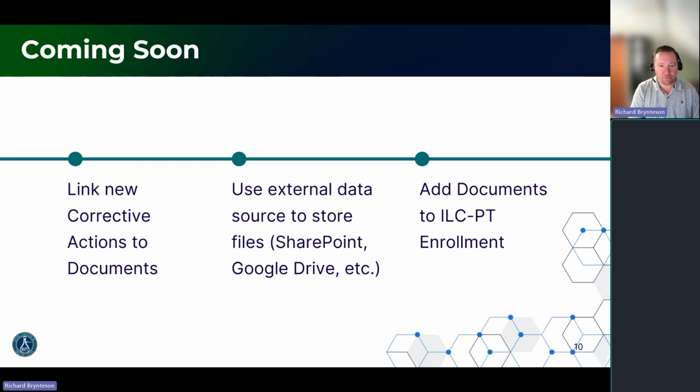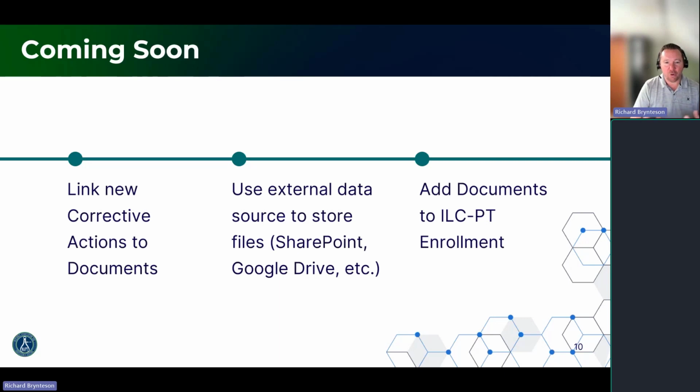And the third one we're really excited about is for organizations that are using QMS and also NAPT for their PT management. You'll be able to add and link documents from document management to your ILC PT enrollment. Imagine you have ordered a new PT for the height gauge and you have a specific procedure within your organization that you want everyone to follow.